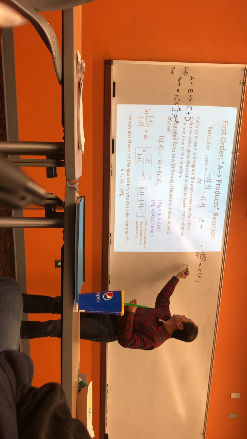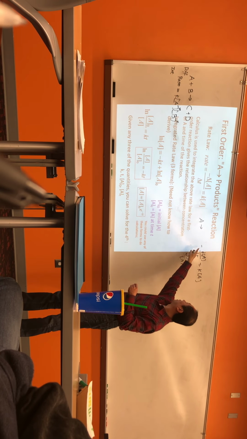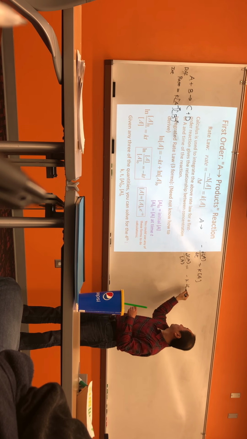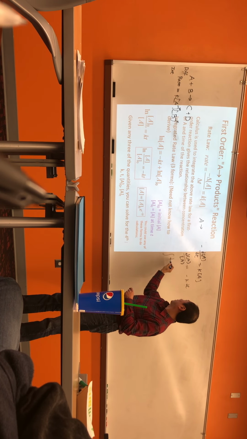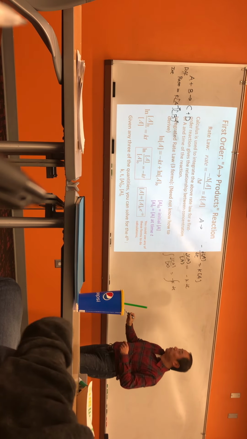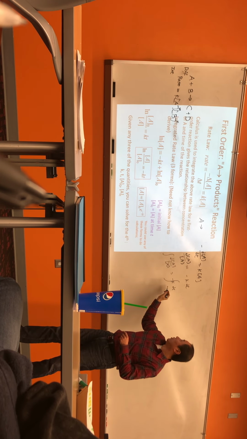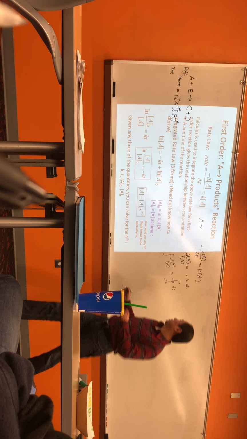You rearrange as dA over A, and I just move the negative sign over here, k over here, dt over here. And then you do integration, okay? This is the integration sign. When you integrate, there's a lower bound and upper bound. So we're going to integrate from time 0 to a certain time later, let's say t.